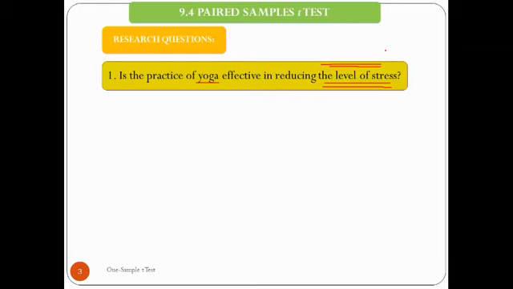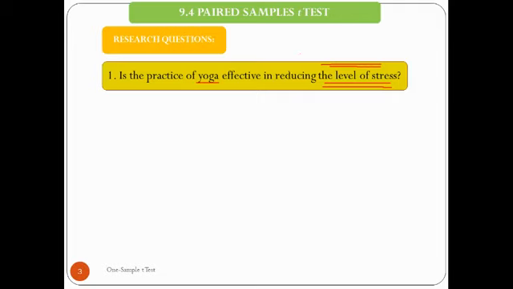That means they ask the same group of subjects the same set of questions, and those questions are about the level of stress they experience before they practice yoga and after they practice yoga.